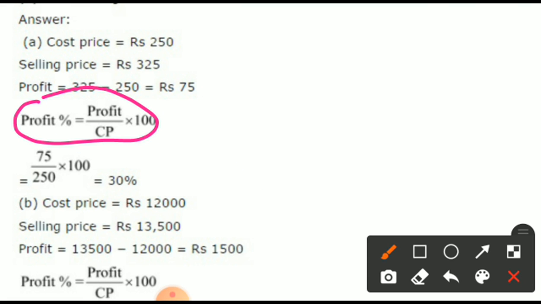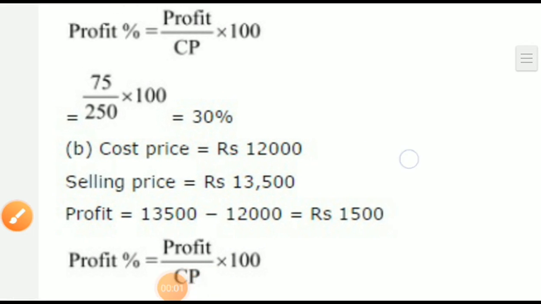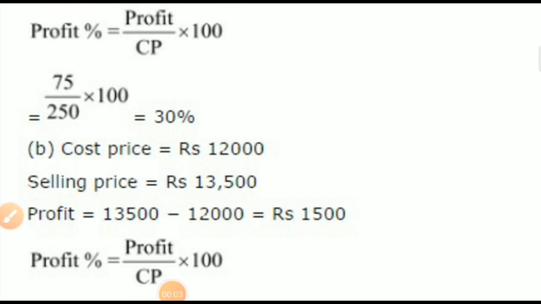Profit percentage is given by profit upon CP multiplied by 100. Whenever you want to find a percentage of profit or loss, you have to use this formula.